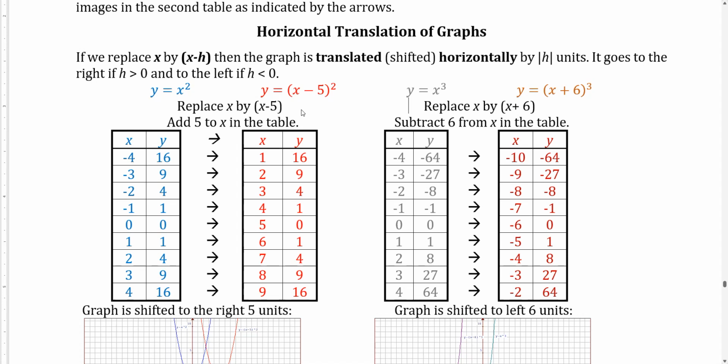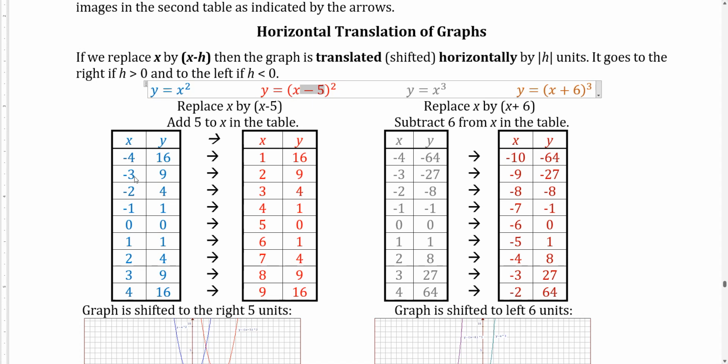So when it says replace x by x minus 5, you have to compensate for that by basically adding 5 to x. So that's what we're going to do. We're going to leave the y's alone here because notice the y up here was left alone. It was the x that was changed. But when it says replace x by x minus 5, what you really do is add 5 to x.